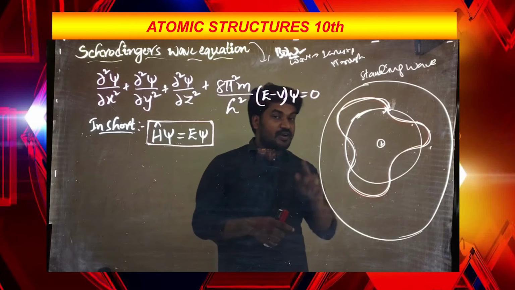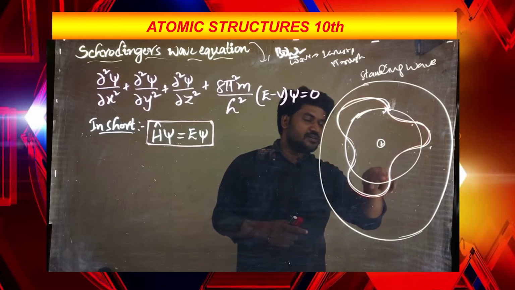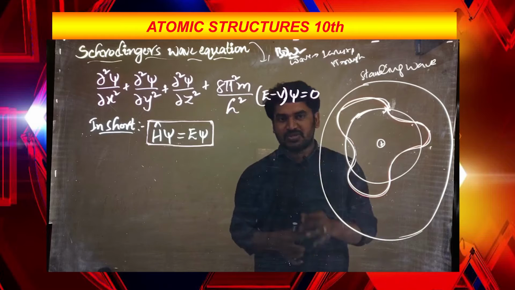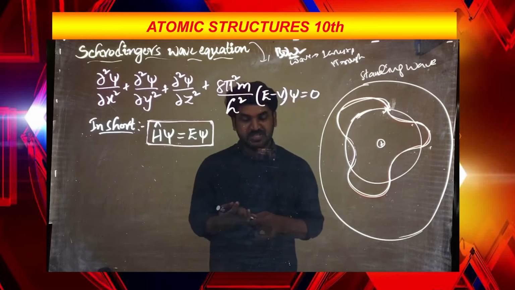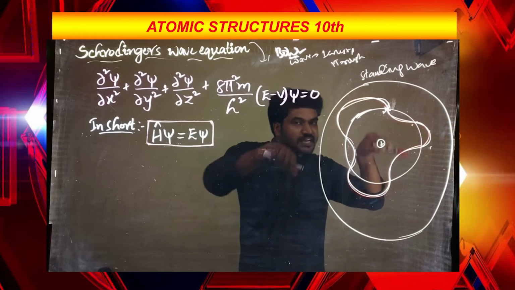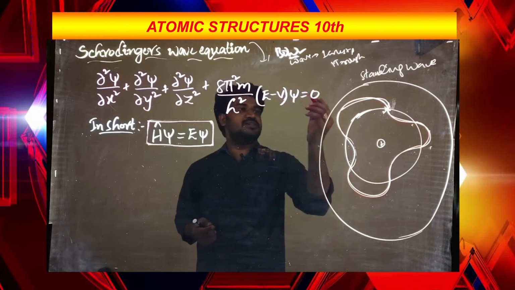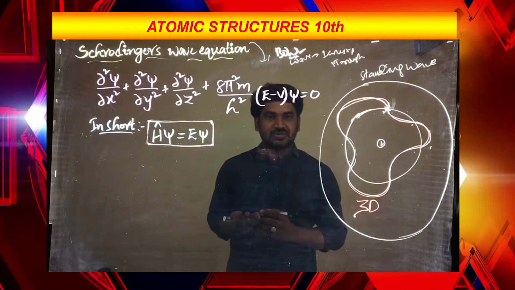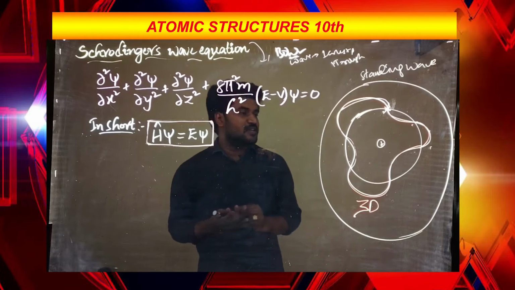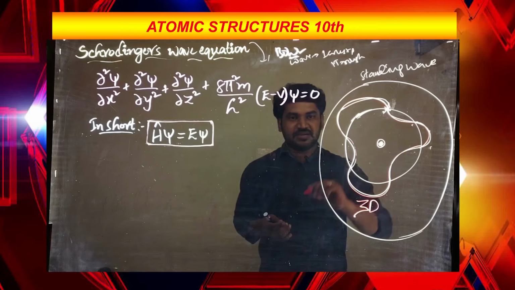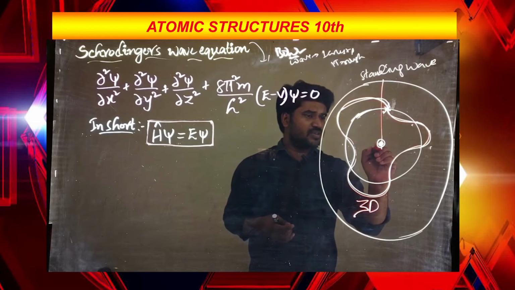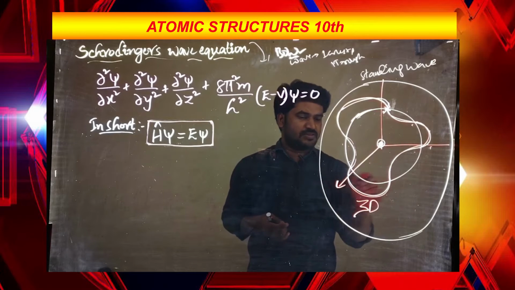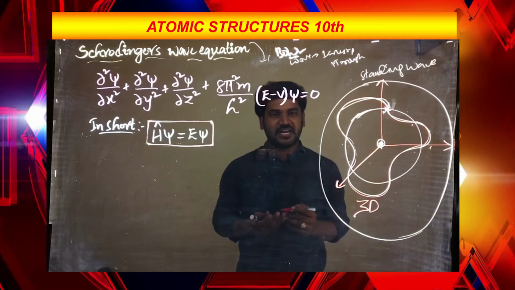So here what I am saying is that the particle is moving in a wave motion, and this wave motion is in a 3-dimensional motion. Suppose you take this as the starting point, the origin, then you can consider 3 axes over there.